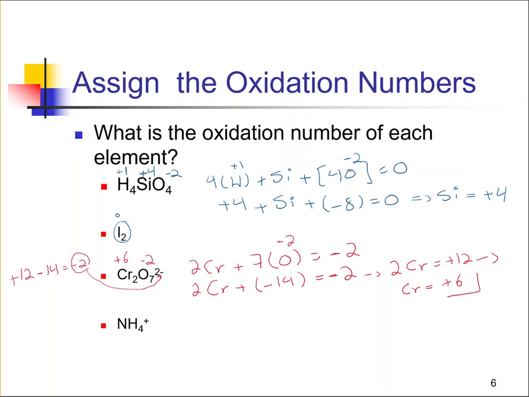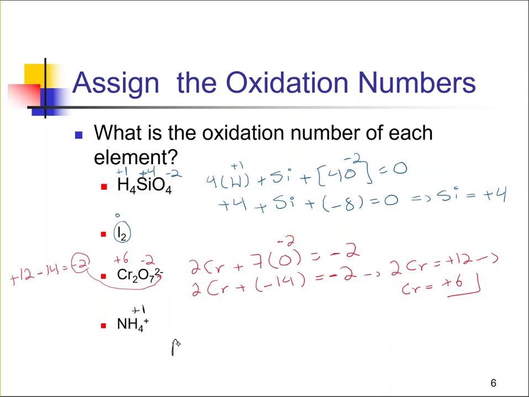Now, let's look at the last example here. You want to assign the oxidation number of nitrogen and hydrogen both in ammonium ion. So we know that the oxidation number of hydrogen is always a positive 1.